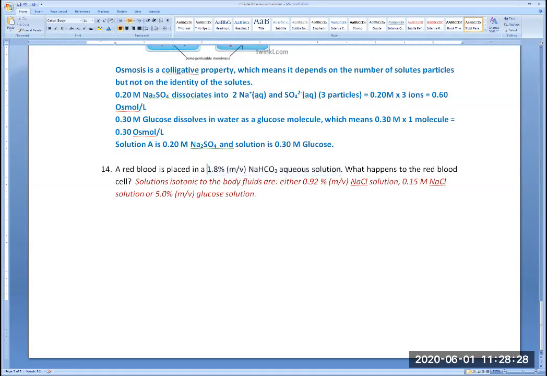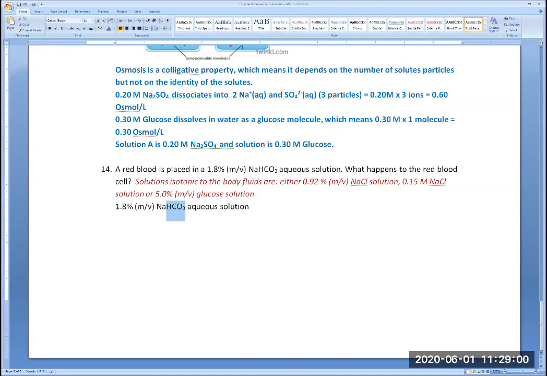So 1.8% mass per volume of NaHCO3. Again, what matters is what kind of solute particles it dissolves into when it's in solution, this NaHCO3. It's an ionic compound because we have sodium there, it's a metal, and then all of this are non-metals. And maybe you recognize something here?